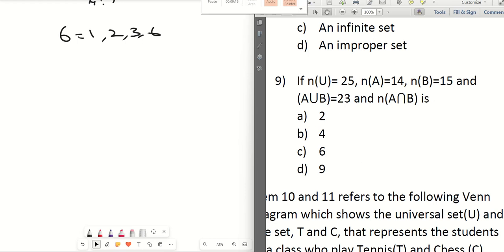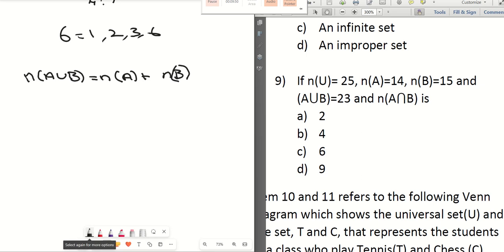Find the intersection of A and B. The formula for this, and it's just something that you need to remember, is the number of elements for A union B is equal to the number of elements in the first set, which is A, plus the number of elements in your second set, which is B, and you're going to subtract the intersection. That is minus the number of elements for A intersect B.